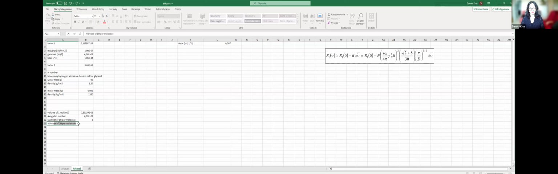So the number of hydrogen atoms per mole is this times that.